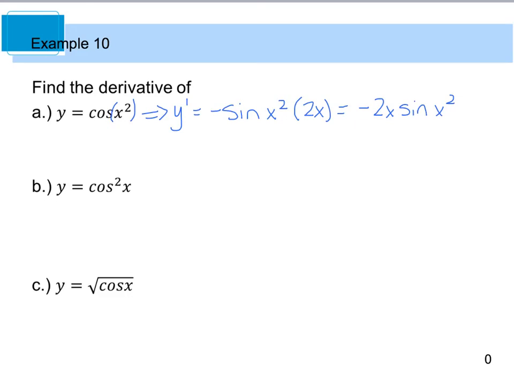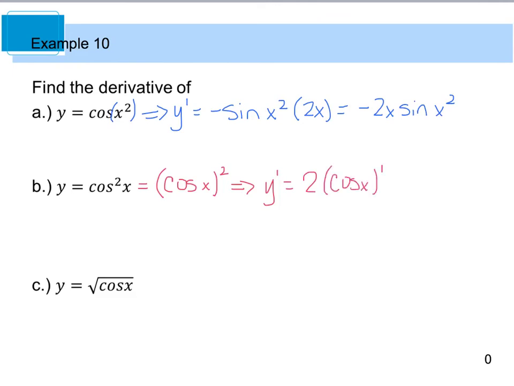Now for part B, B is different in the fact that cosine squared of x is really equal to the cosine of x all squared. So now this is another form of the chain rule. So this tells us that y prime is equal to 2 times the cosine of x.